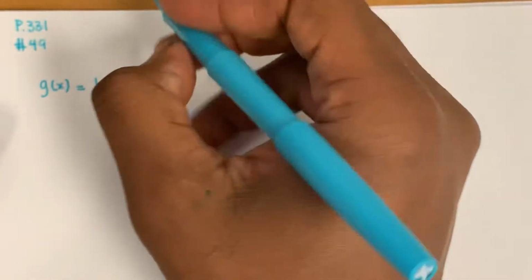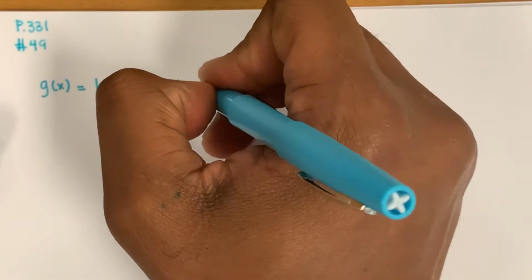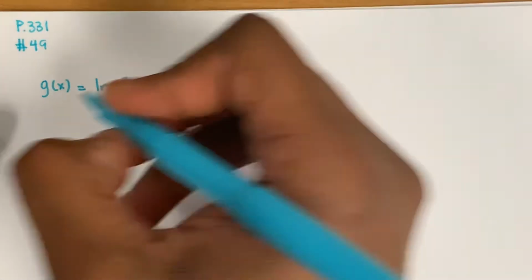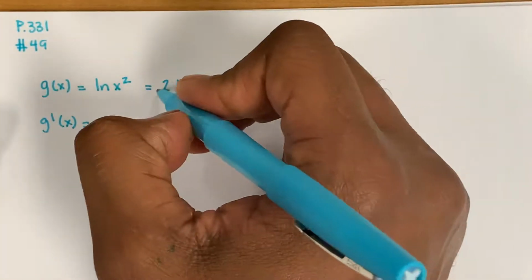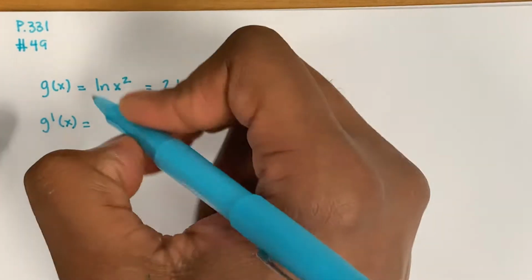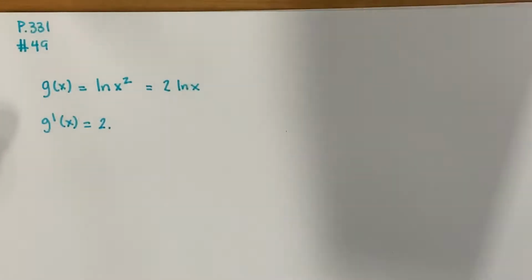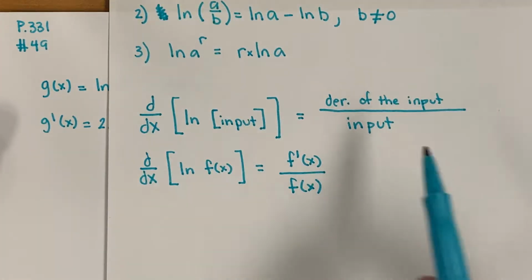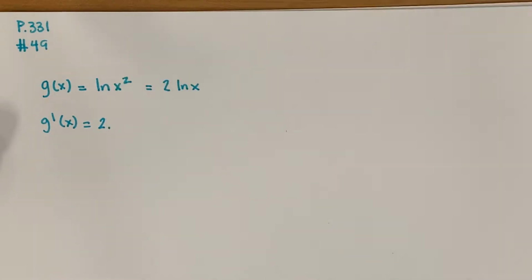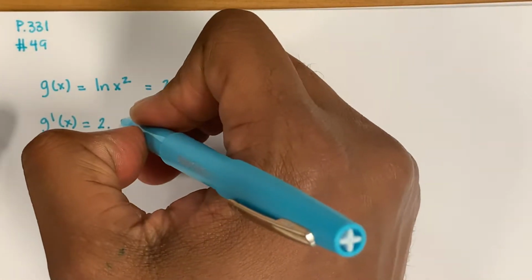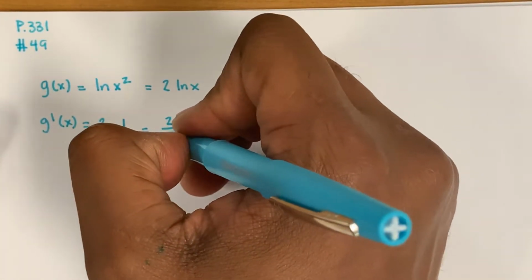So the rewrite step could be that this is 2 ln x, which is fine. And then that would mean that the derivative is just 2 multiplied by the derivative of ln x. So again, the property for the derivative of ln x is derivative of the input divided by the input. So the input is x, its derivative is 1, and we divide by that original input. That just gives us 2 over x.